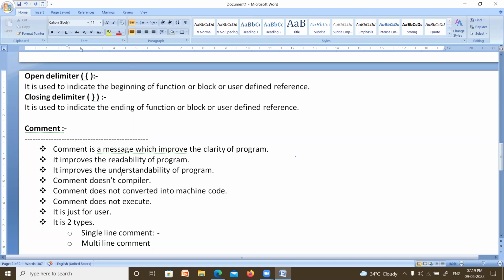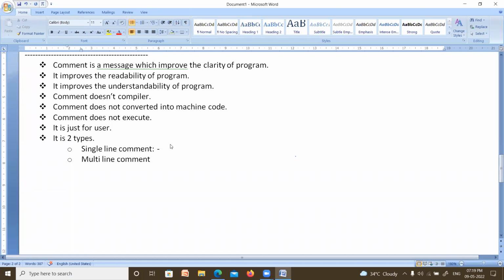A comment which fits in one line is called a single line comment. Sometimes it is also called a line comment.